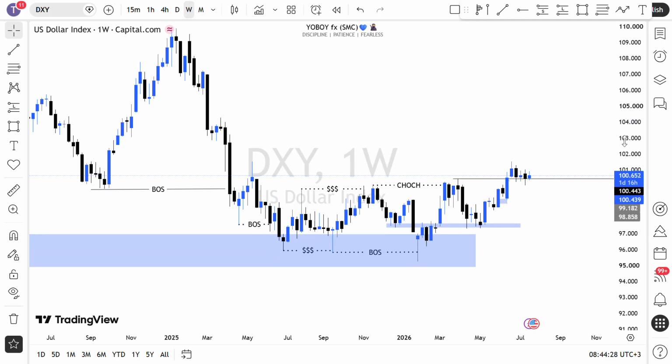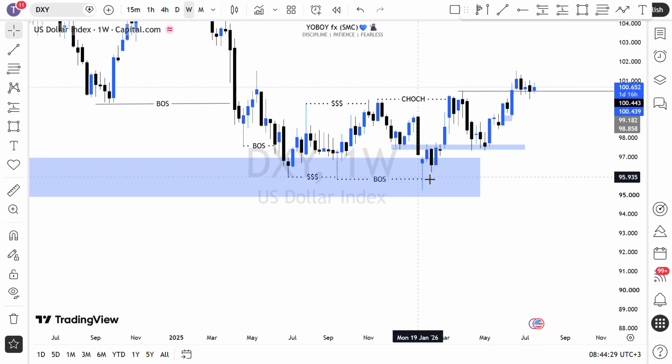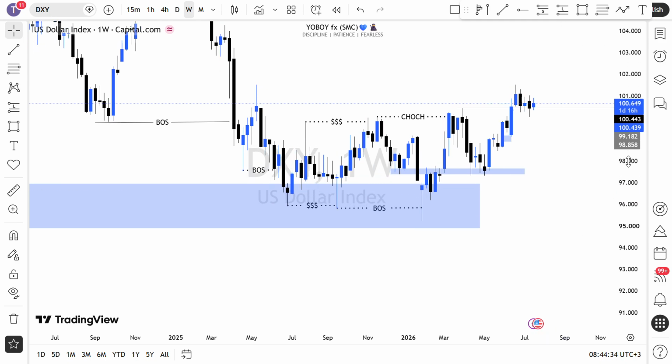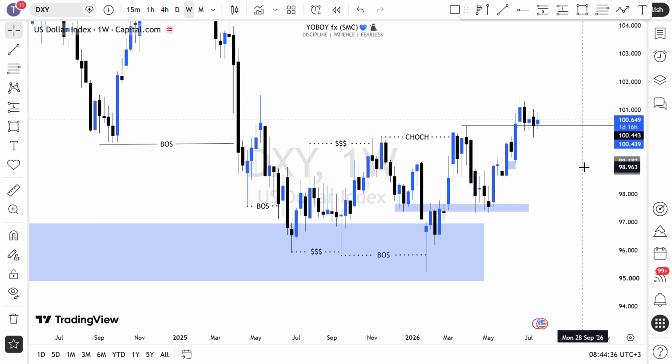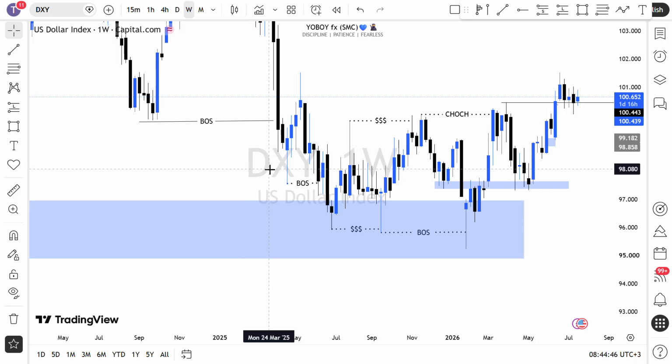From a weekly time frame, we can see clearly that we have this order block that we have marked from a monthly time frame, and we have a clear structure. The structure is that we have this recent break of structure when the market was coming downside, before price traded into this order block from a monthly time frame.